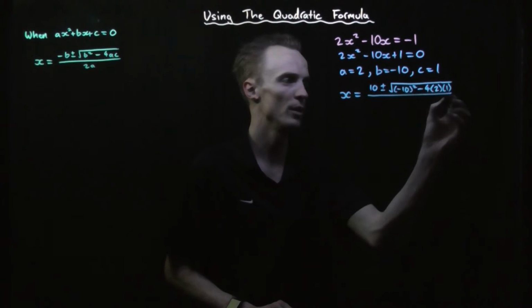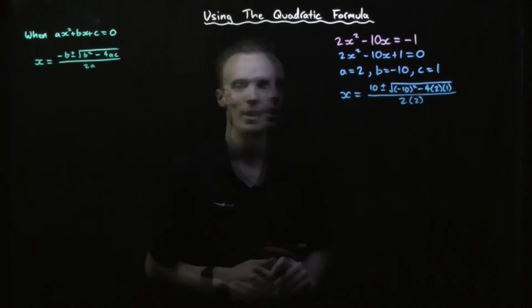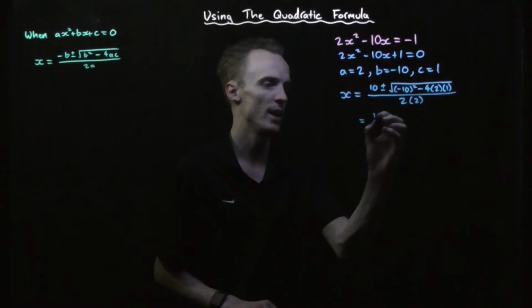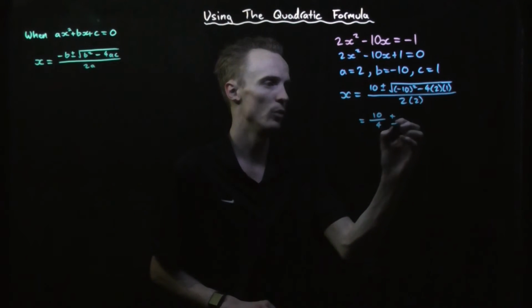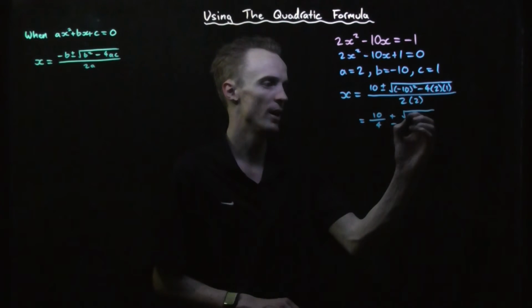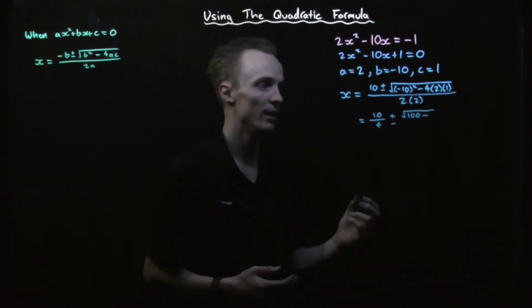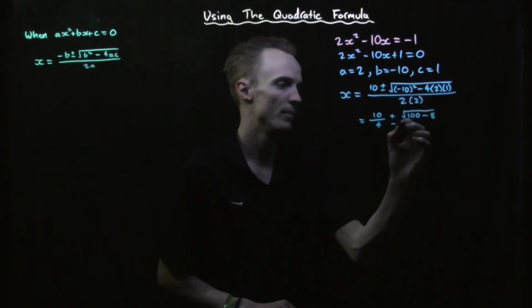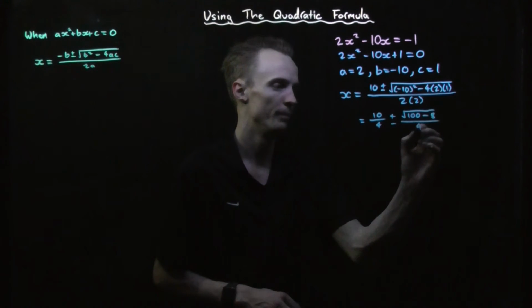And this is all going to be divided by 2 times our a value of 2. So now we simplify this. So this is going to be equal to 10 divided by 2 times 2, which is 4, plus or minus the square root of negative 10 squared, which is 100, subtract 4 times 2, which is 8. 8 times 1 is going to be 8, so subtract 8. And this is all divided by 2 times 2, which is 4.